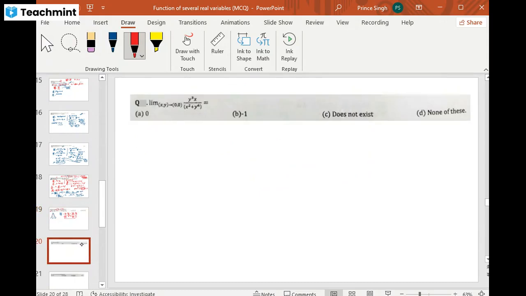Okay. Again, next question is based on the limit of the function. So limit (x, y) approaches (0, 0). Function is y cube x upon x square plus y raised to power 6. (0, 0) means it is 0 upon 0 form. But in this case, the degree of numerator is 4 and degree of denominator is 6.